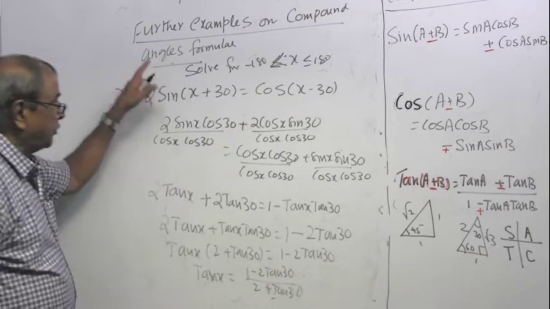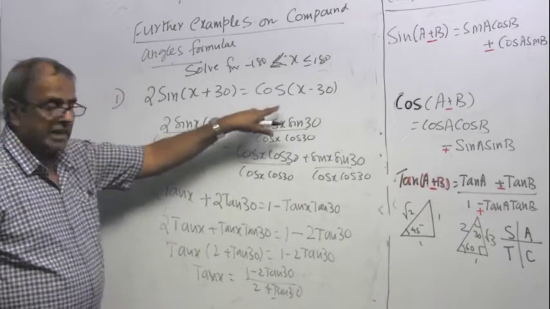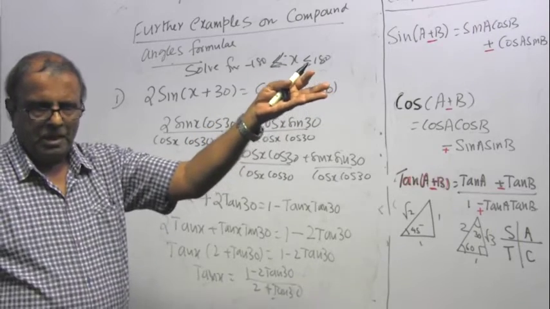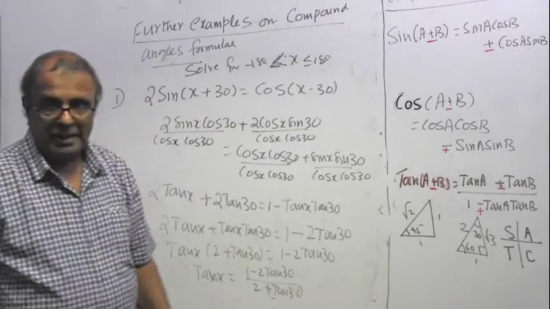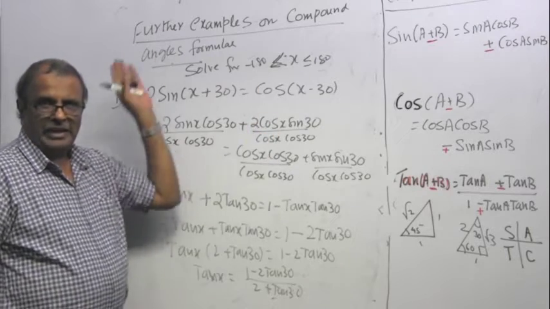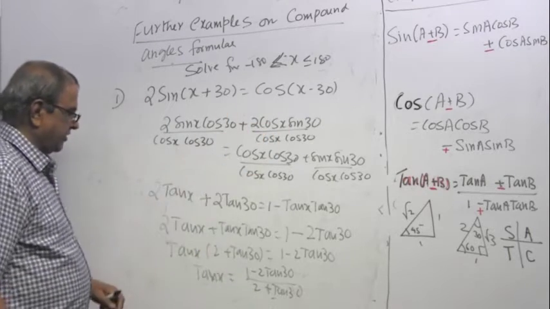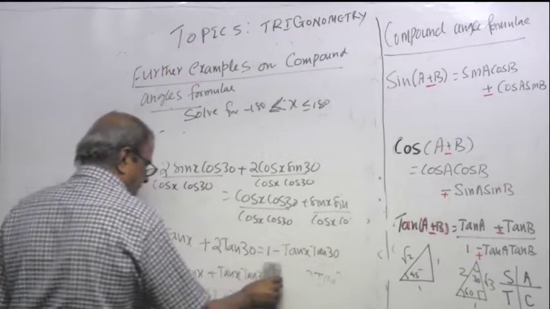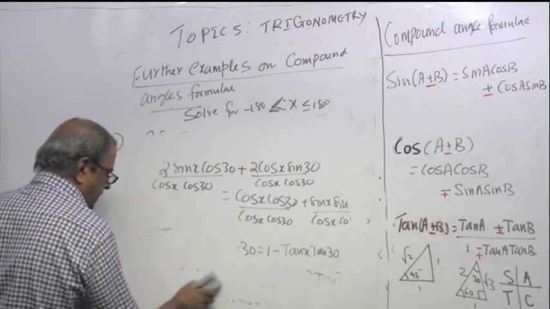So have you understood so far? Whenever you have equations like this, expand using the compound angle formula and then divide everything by cos cos, to get everything in terms of tan, then make tan x the subject. So I will rub this off, except the last step, which I will rub later.